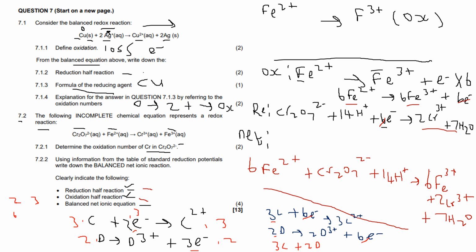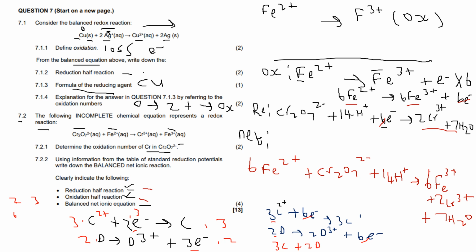So this one will be 2+ there, which I just made a mistake. It will be 2+ there as an ion, and here it will come back as a normal C, because it's undergoing reduction. The other one will be normal without an ion.